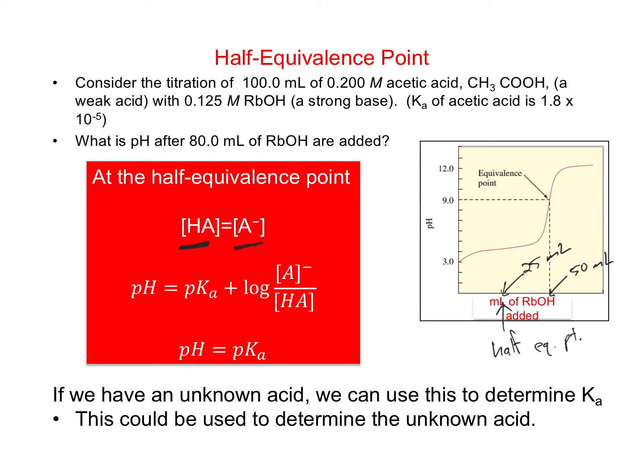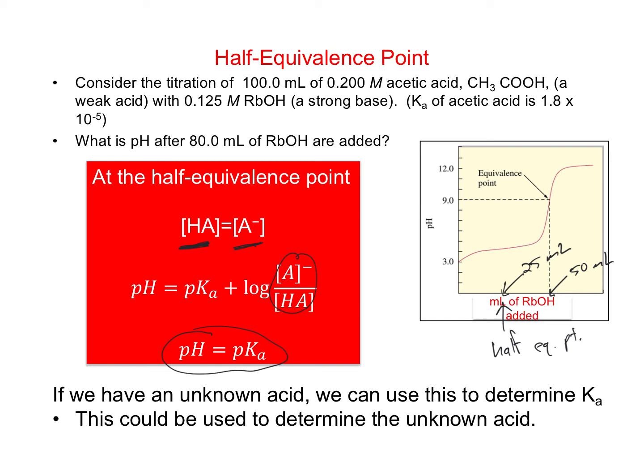So we can use the Henderson-Hasselbalch equation to find the pH. But if HA and A minus are equal, then this ratio will be 1. The log of 1 is 0. So at the half-equivalence point, the pH is equal to the pKa. And so that can be very useful to us.